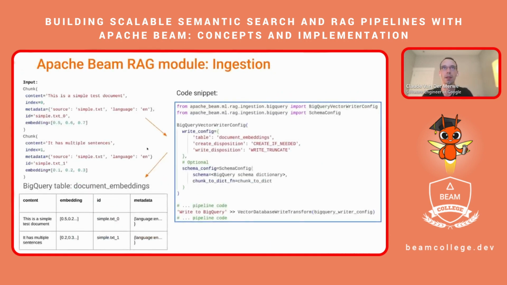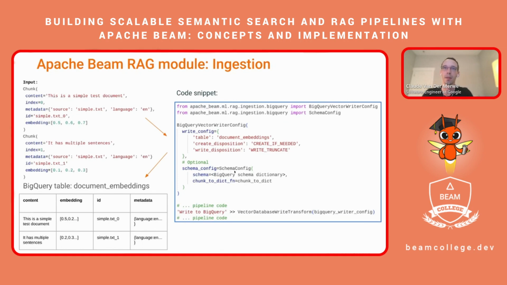Okay, so now that we have chunks with embeddings, how do we ingest it into our database? For this part, we import our desired vector database configuration from the RAG ingestion module. We configure it with the table name we want to write to and some additional options, so create a table if it doesn't exist, and if it exists, override it.